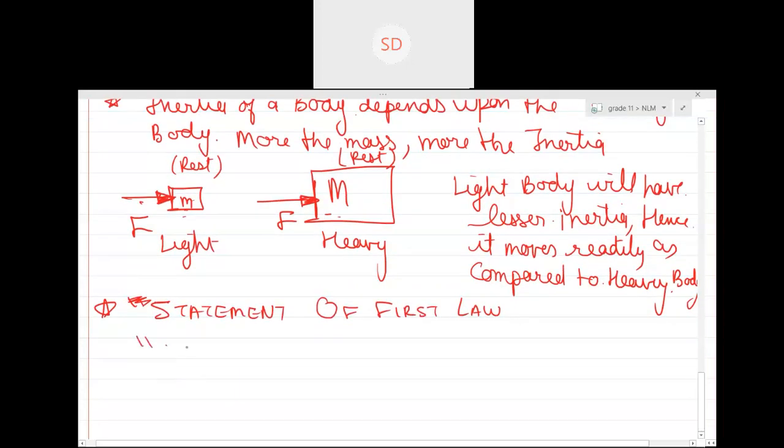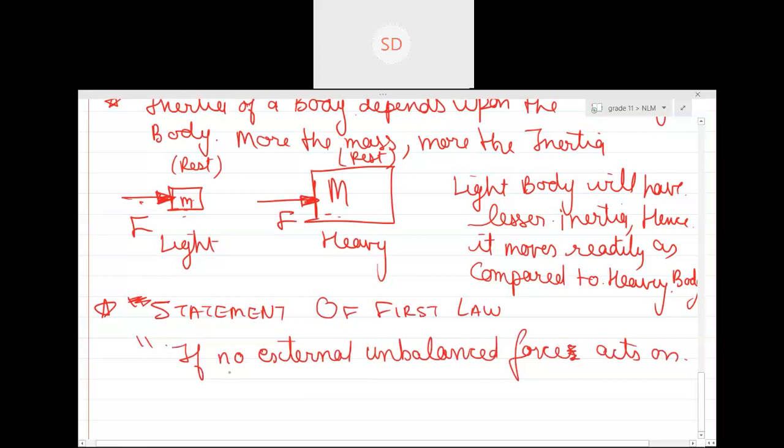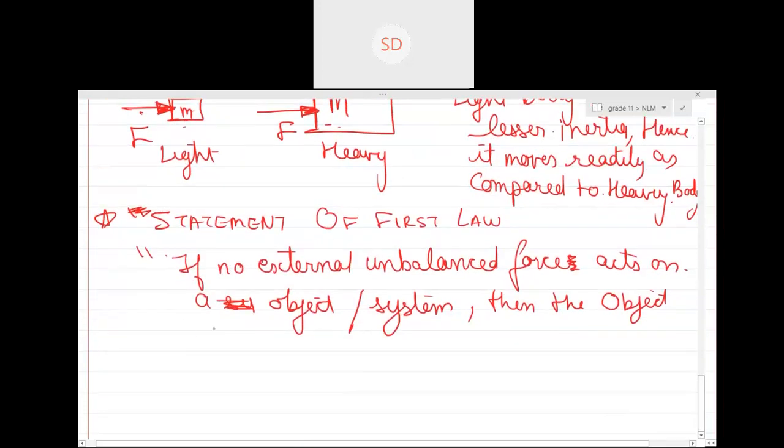According to the first law, if no external unbalanced force acts on an object or a system, then the object will not change its state of motion.